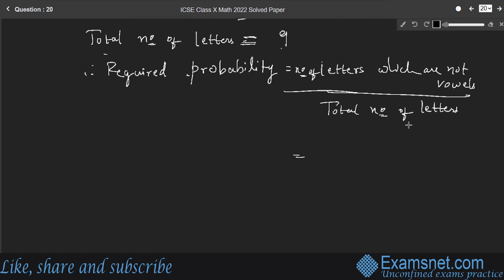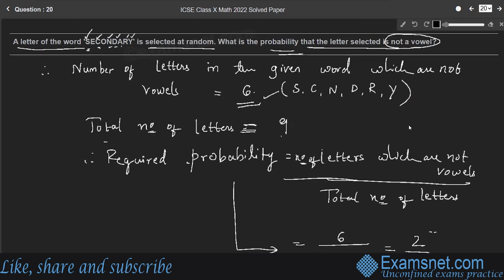There are 6 letters which are not vowels out of 9 letters in the given word. Therefore, 3 into 2, 3 into 3. So the probability that the letter selected is not a vowel is 2 by 3, right? 2 by 3 is the probability.